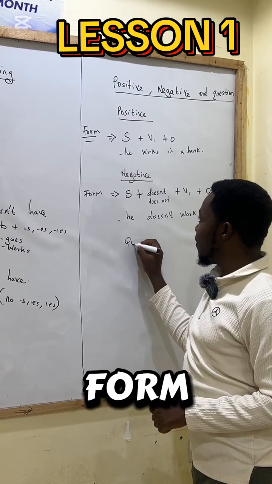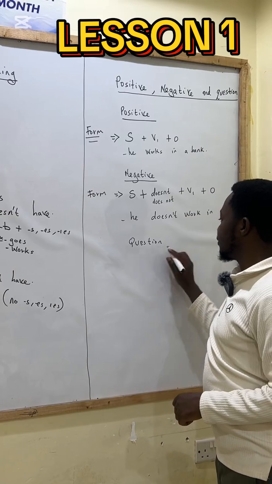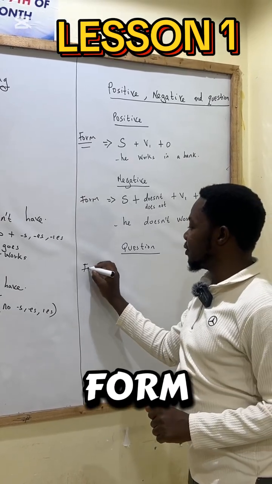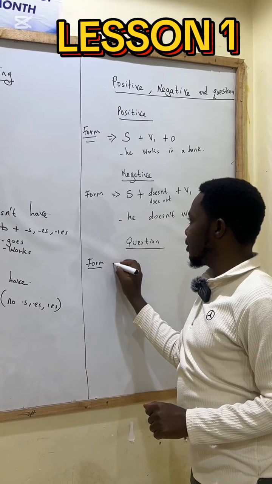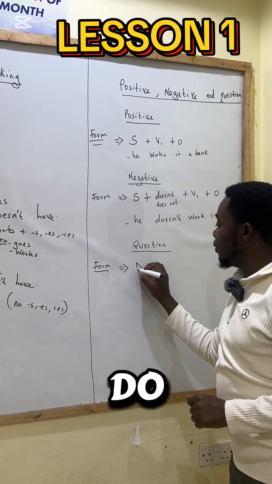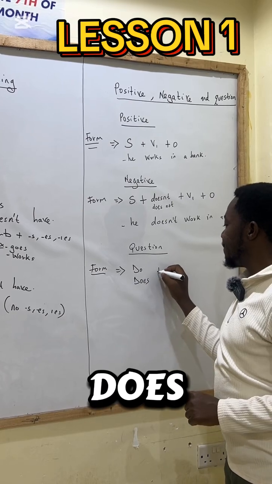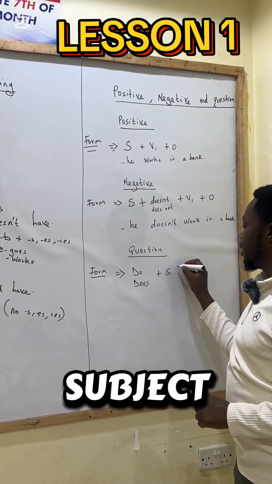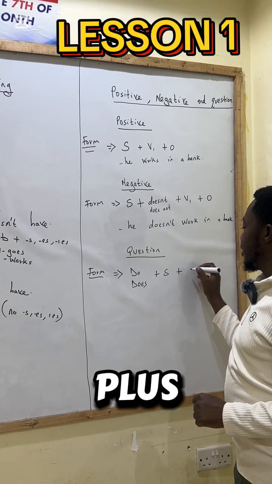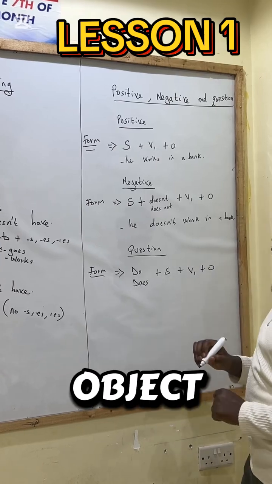Then the question form, the form is always do or does plus subject plus verb 1 plus object.